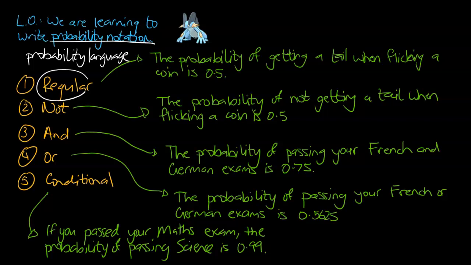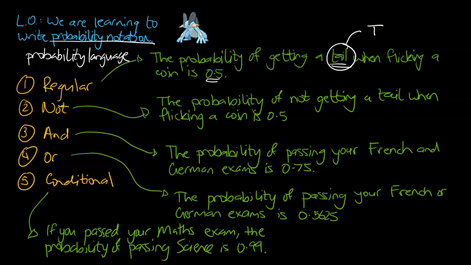So the first one, regular events. These are single events, and if you have a look at our question, the probability of getting a tail when flicking a coin is 0.5. So just one thing is happening. We're flicking one coin and it's landed on a tails. So when we're doing our notation, we're going to focus on the variable of interest, and a shortcut for that is often the first letter.